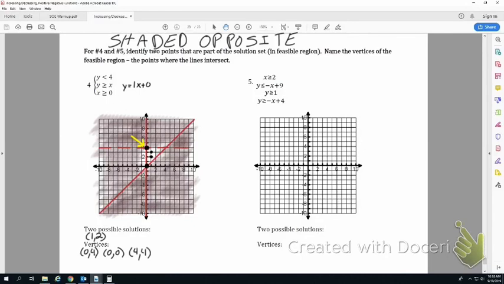Going to go through this last one kind of quick, just because of time here. So I'm going to shade these opposite. So I've got x is greater than or equal to 2. If I'm going to shade opposite, is that to the left or to the right? To the left.